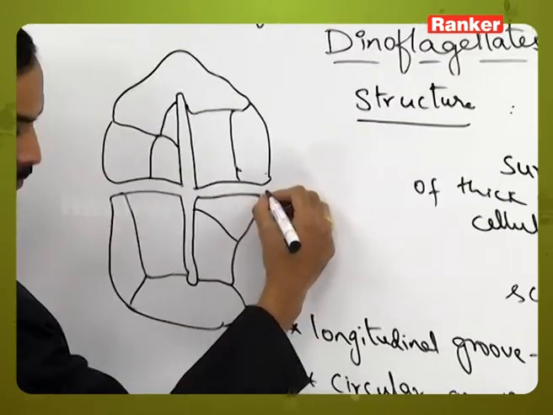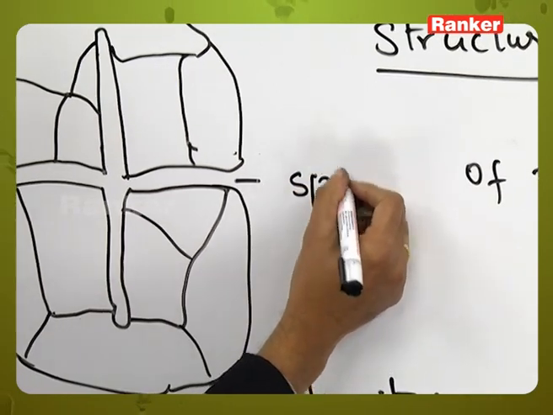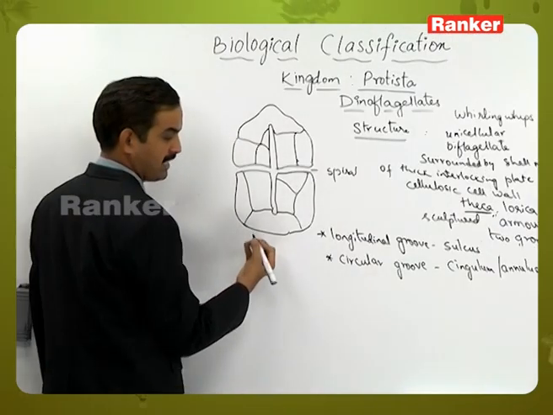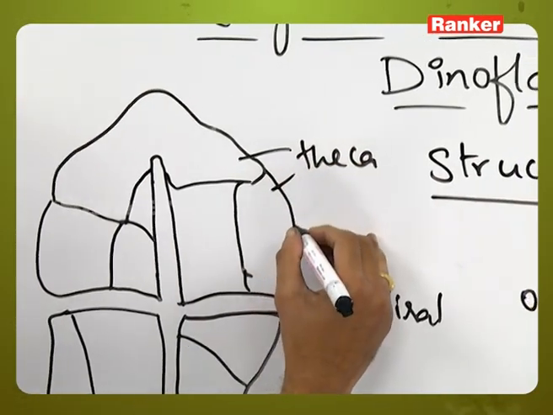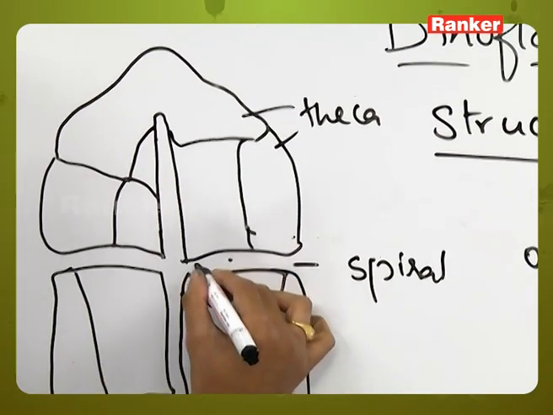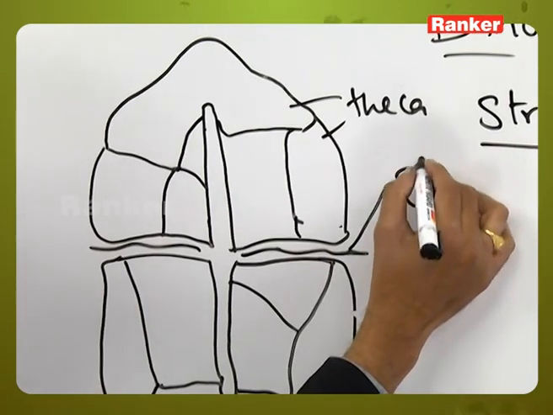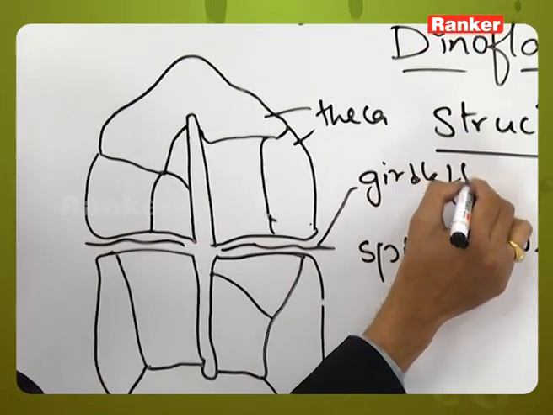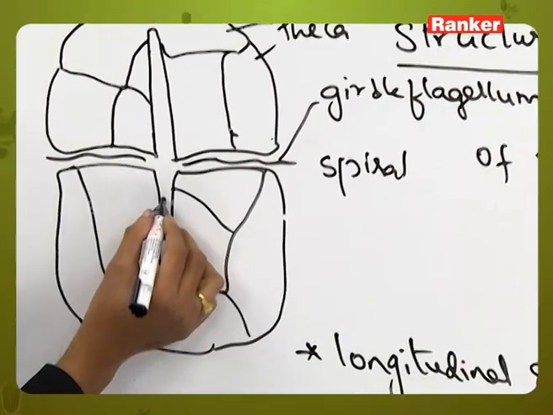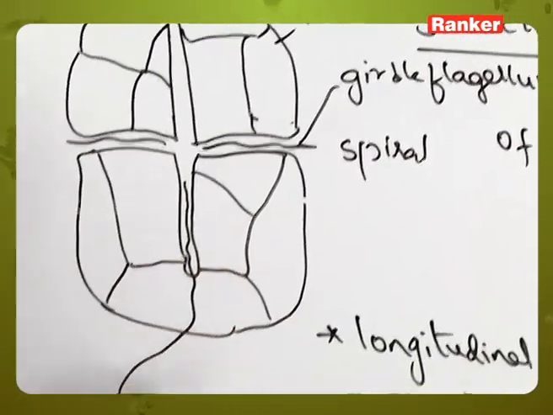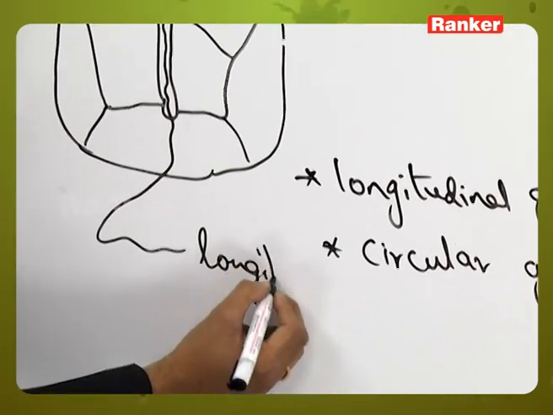This is the spiral girdle, and these are the theca. From here the flagellum will arise, and this flagellum is called the girdle flagellum. And from the longitudinal groove, one more flagellum will arise, that is called the longitudinal flagellum.